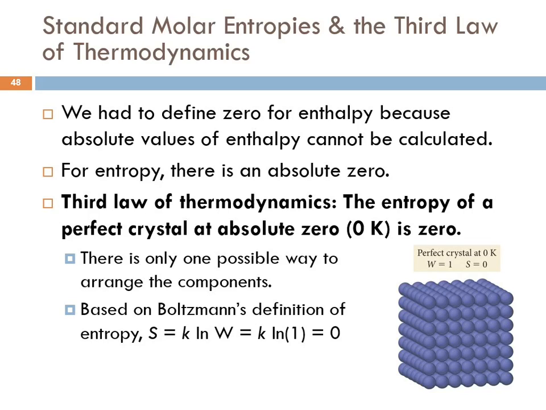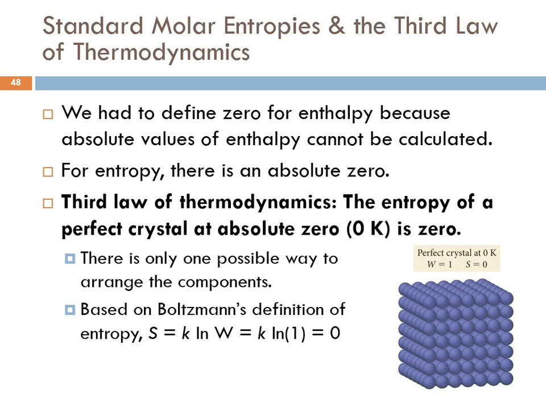So this brings up the third law of thermodynamics, which states that the entropy of a perfect crystal at absolute 0, 0 Kelvin, is 0. Absolute 0 is the temperature at which molecular motion stops. So this perfect crystal, at 0 Kelvin, these atoms or molecules are not vibrating even.